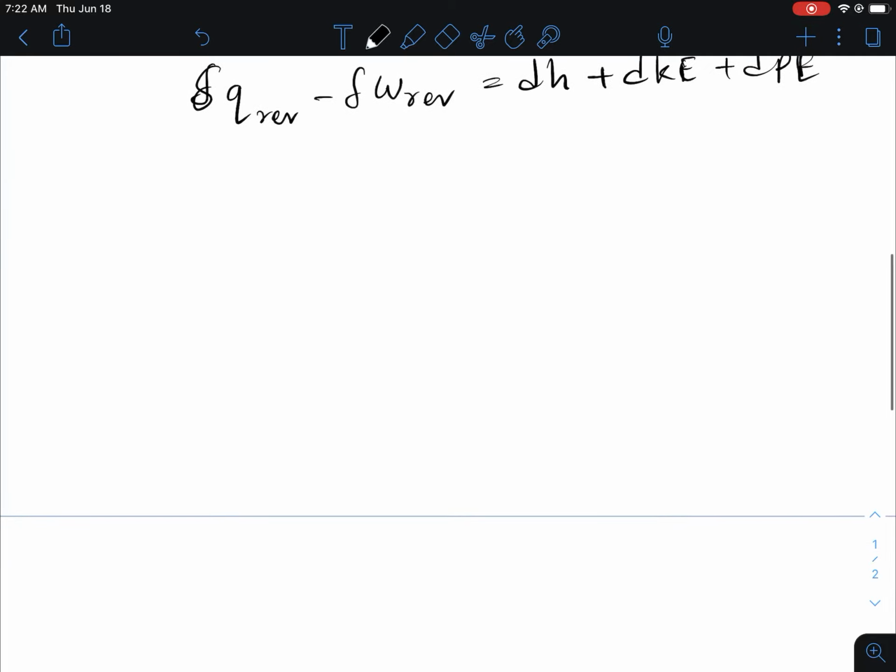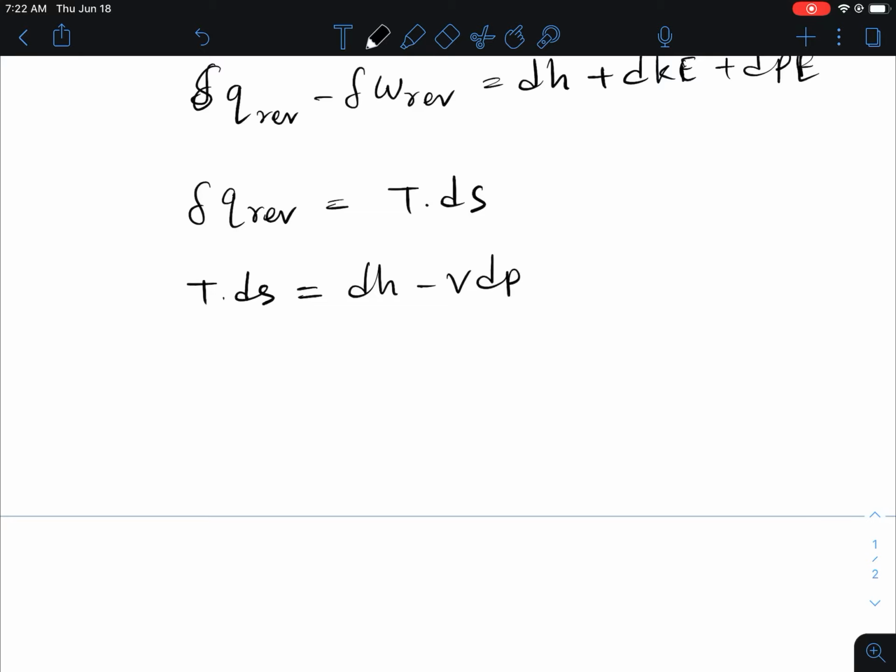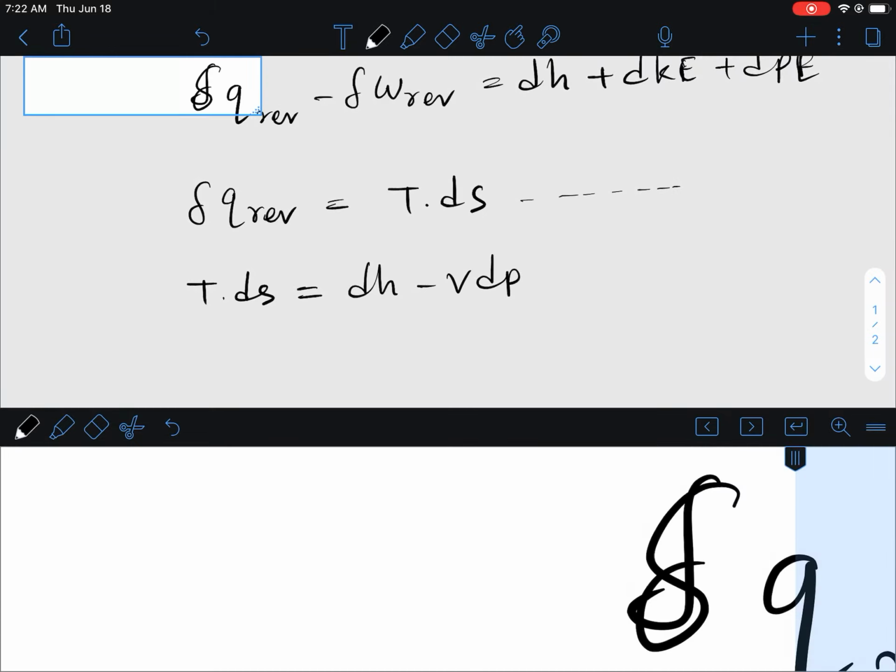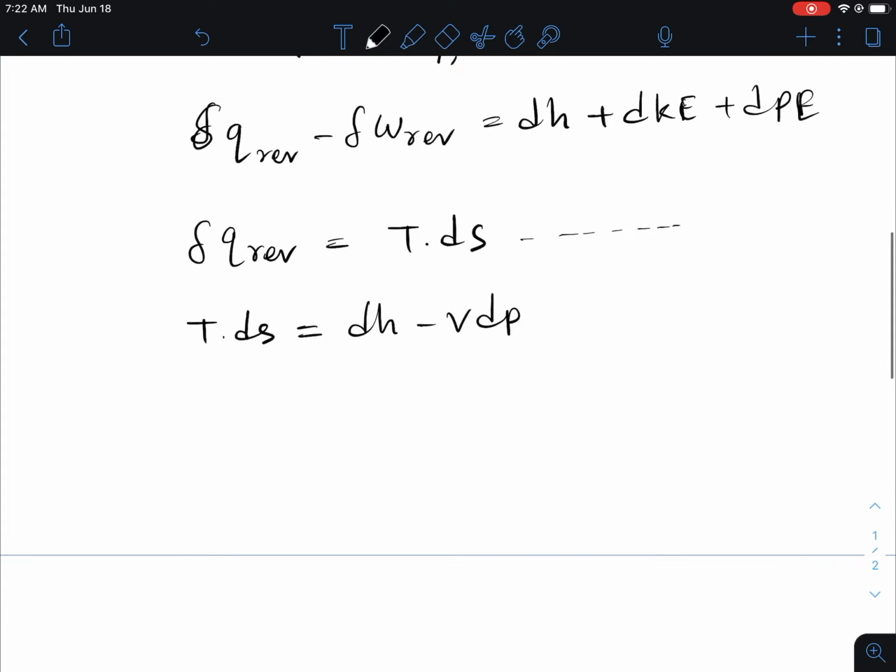For a reversible process, in the previous class we found that the relation between heat transfer and entropy is delta Q reversible equals T ds, and the relationship between entropy and enthalpy was dh equals T ds minus v dP. If you look at the book or the previous class, we derived these as equation 7.16 and equation 7.24.